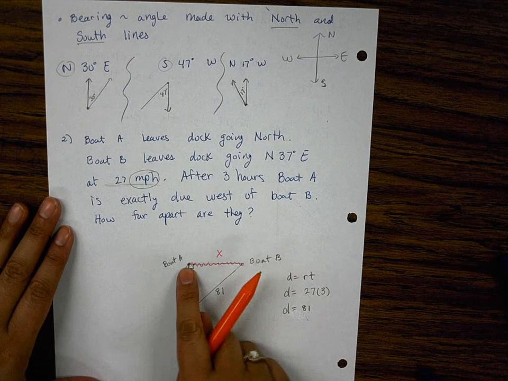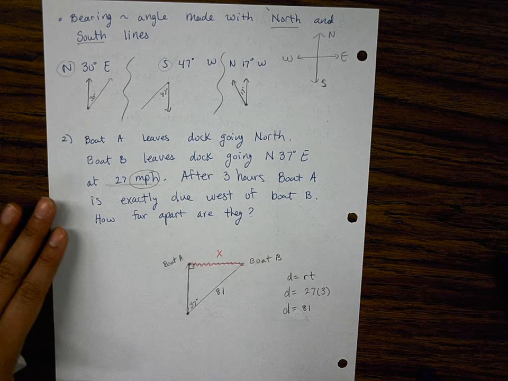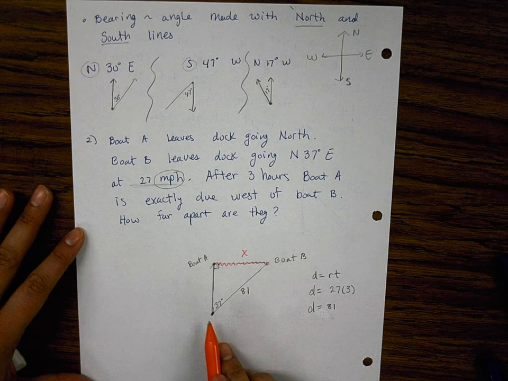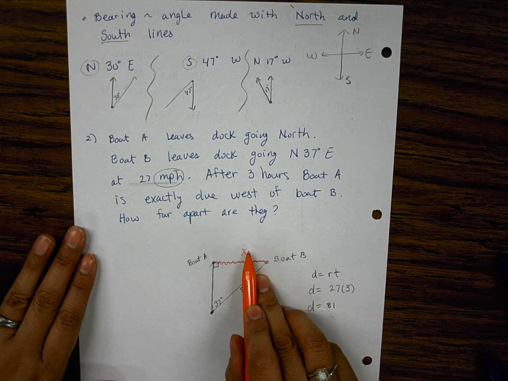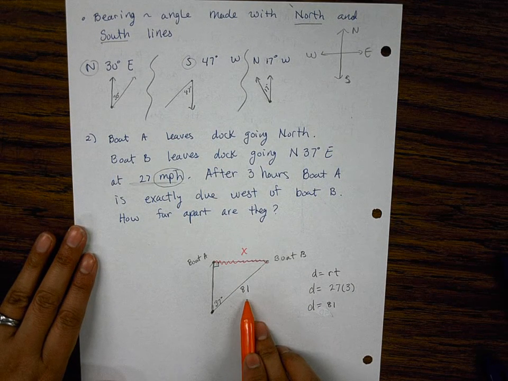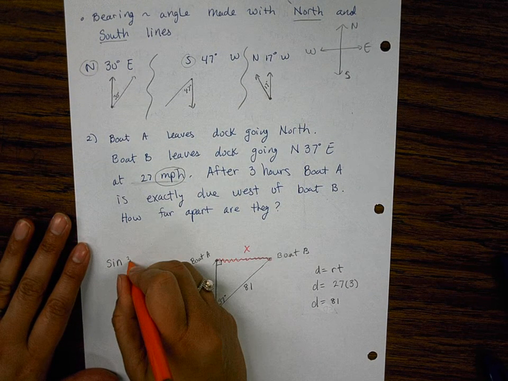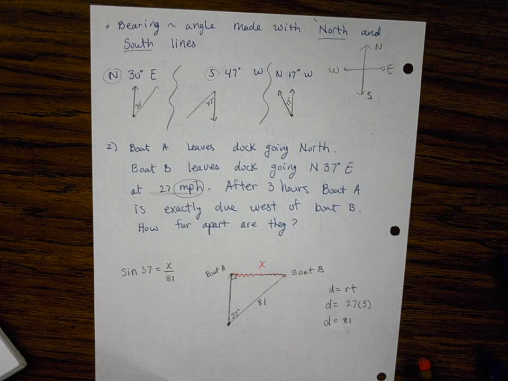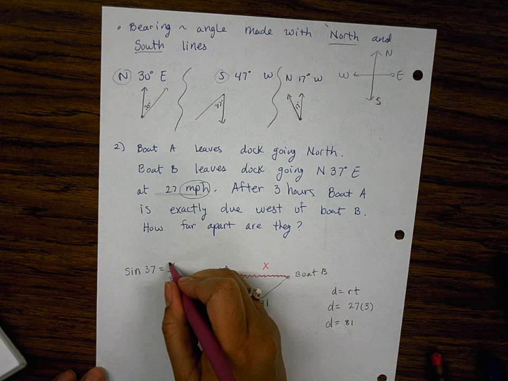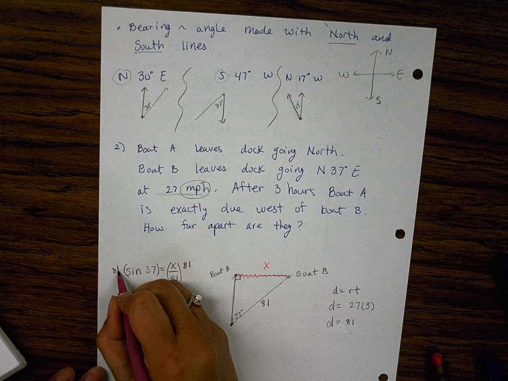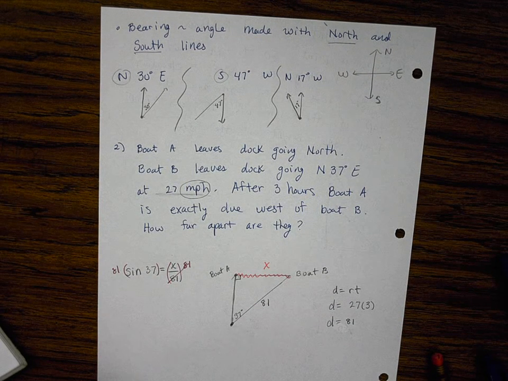We don't know how far boat A is, but we don't need it to find how far apart they are, because we can use our SOHCAHTOA. Okay, here's the angle. This is the hypotenuse. X is opposite. Opposite over hypotenuse is sine. So we're going to do sine of an angle, 37, equals opposite x, over hypotenuse 81, and solve.